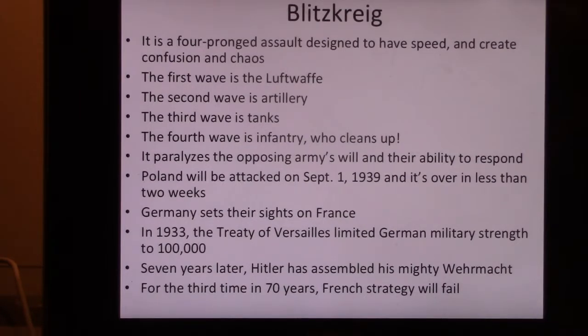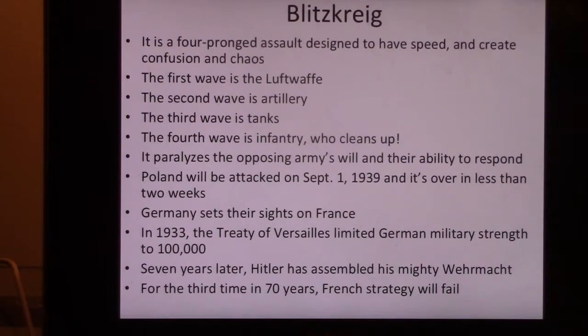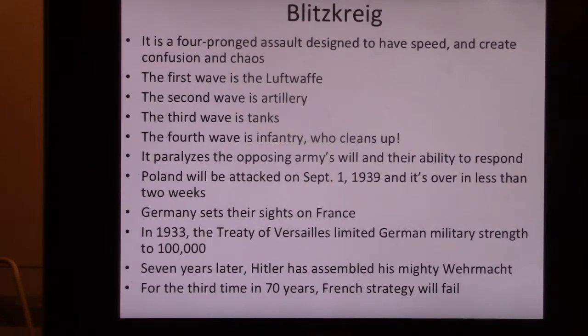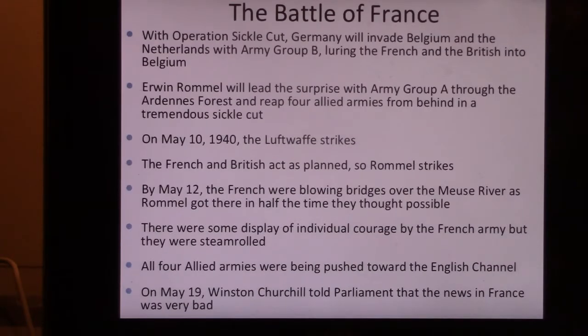And so in 1933, the Treaty of Versailles had limited German military strength to 100,000 people. Just 7 short years later, Hitler will build his mighty Wehrmacht and his Waffen SS squadrons, and so for the 3rd time in 70 years, from the Franco-Prussian War, World War I, until now, the French defensive strategy is going to fail.